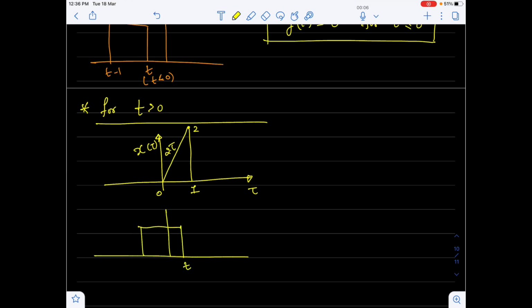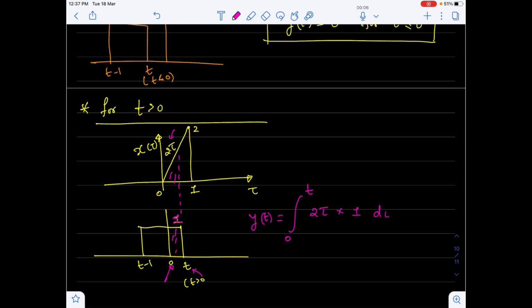This is our t, and t is greater than 0, this is our 0, and this is t minus 1. Now if you multiply, the common region is up to this region. So our integration limit for y of t will be from 0 to t, and the first function amplitude is 2 times tau multiplied with the second function amplitude 1, then d tau.